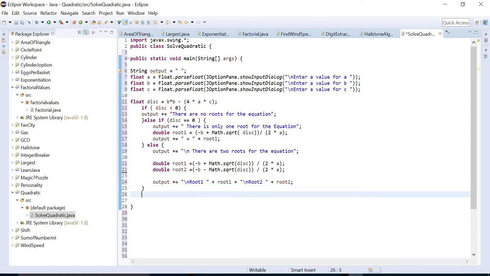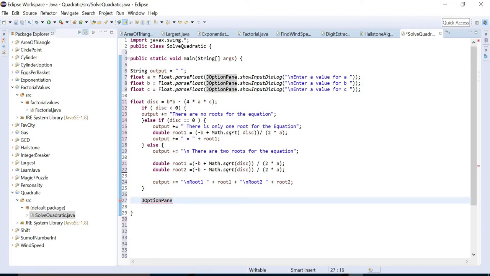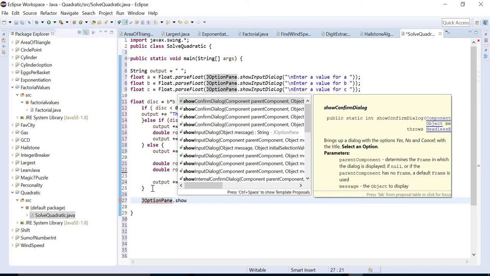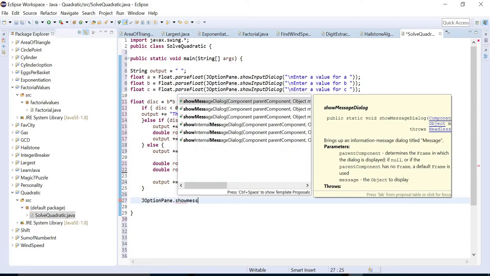Then we have JOptionPane.showMessageDialog. Yep. So this just means it's going to show the output. Whatever the outcome is, it's going to show it. JOptionPane dot showMessageDialog. Oh, it's right here. I can just use it. Great. Thank you, Eclipse.